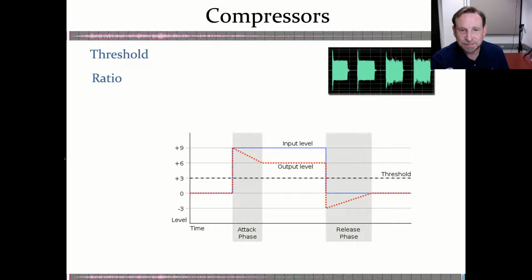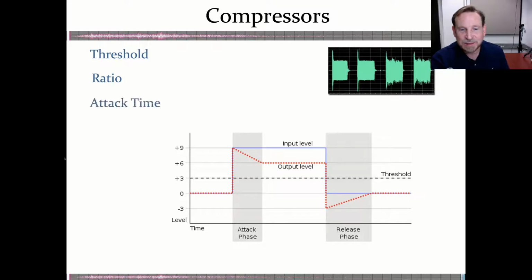So we would call that a 2-to-1 compression, because what's happening here, right, is it's going 6 dB above the threshold, and then once it's working, it's only letting 3 dB go over. So in other words, it's 3 dB over the threshold is passing by. So we dropped from 9 to 6 out of a 6 dB change. So that's half, right? So that's a 2-to-1 ratio.